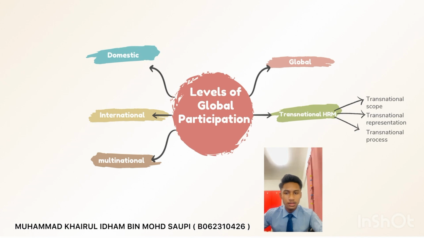This reflects the multinational composition of a company's managers. And last, transnational process. The extent to which the company's planning and decision-making processes include representatives and ideas from a variety of cultures.